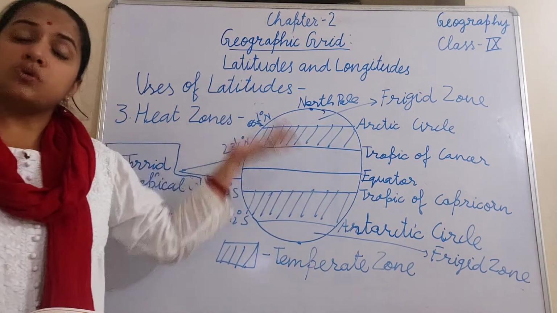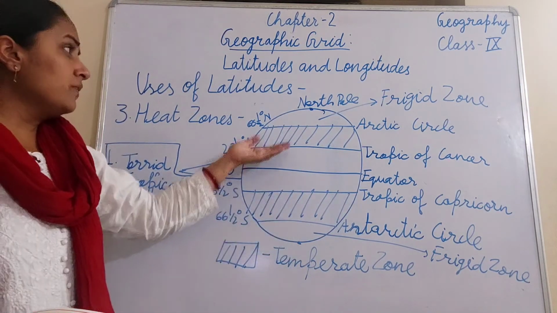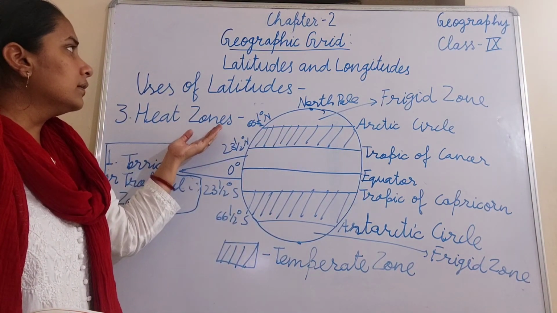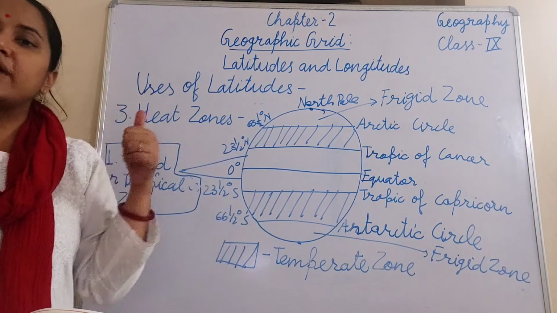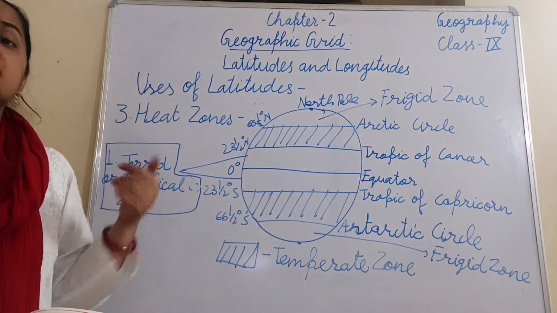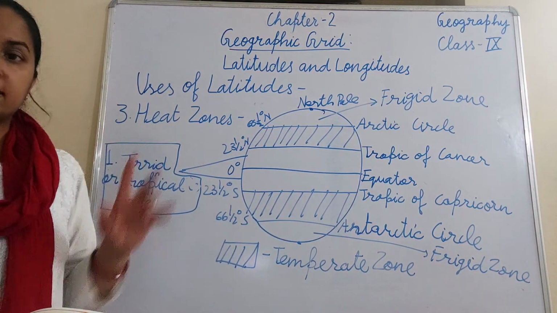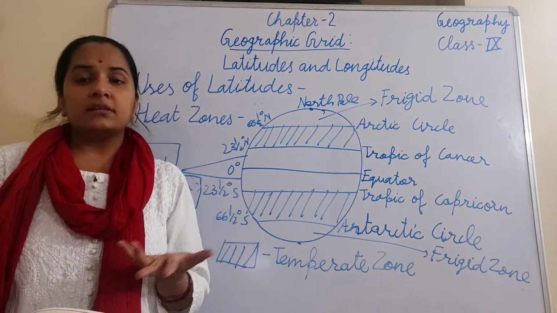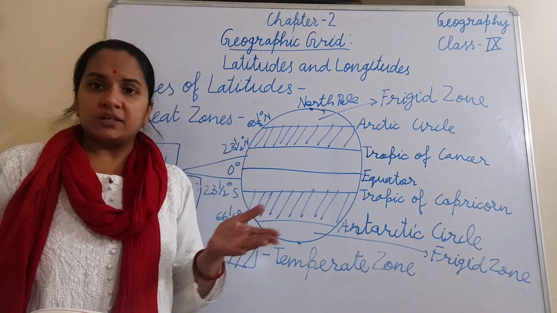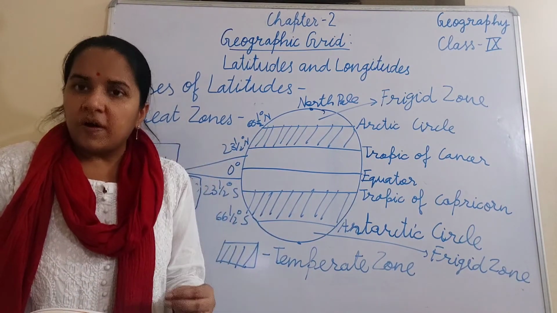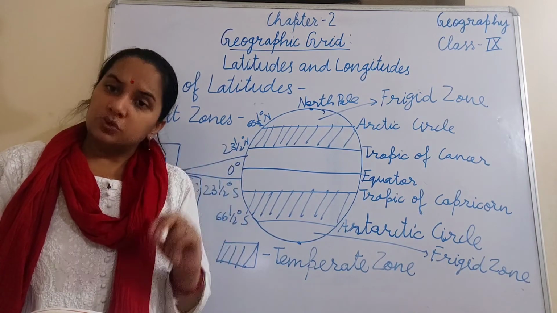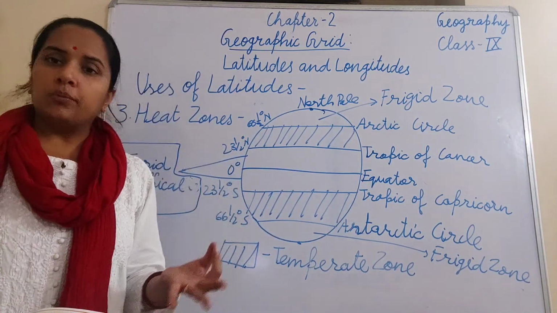So this is also one of the very important uses of lines of latitude. So what are the 3 uses that we have learned? The first is to find the location of a particular place; it gives one of the coordinates. Second is to find the distance between 2 places. If we know the angular distance between the 2 places, we can find the distance in kilometers.